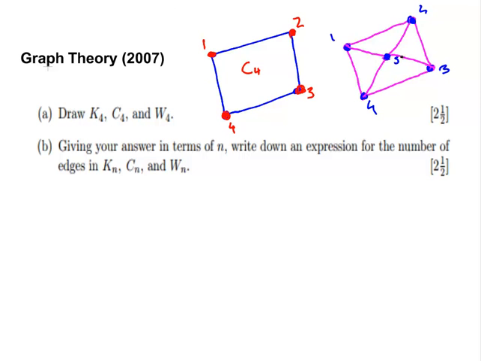Now, giving your answer in terms of n, write down an expression for the number of edges in each. Okay, well, Kn has n vertices, and the degree of each vertex is n minus 1.